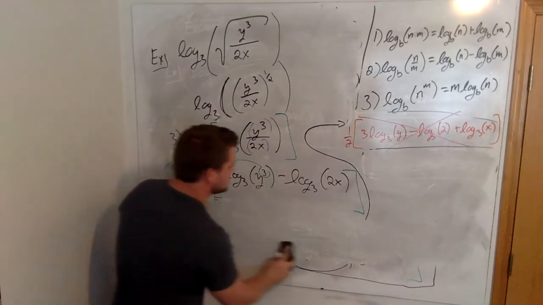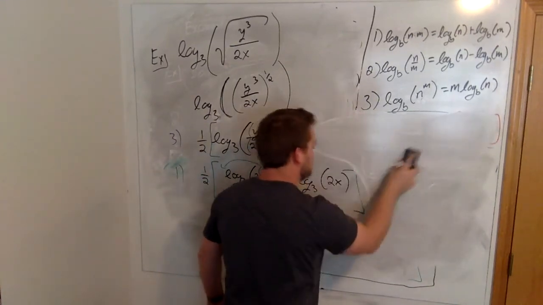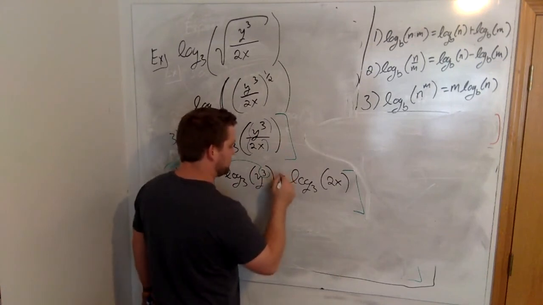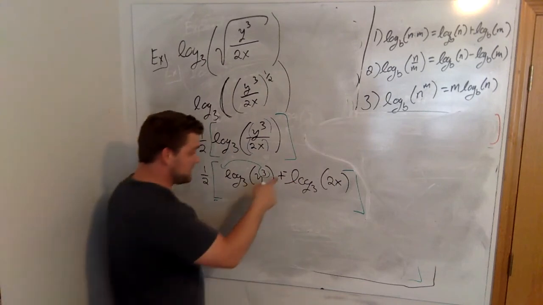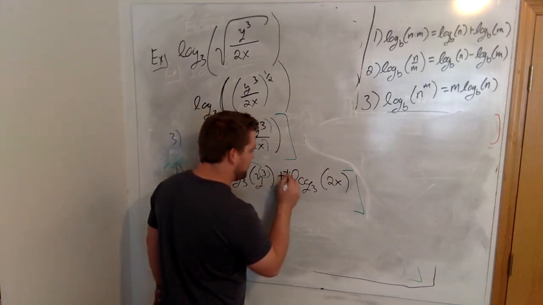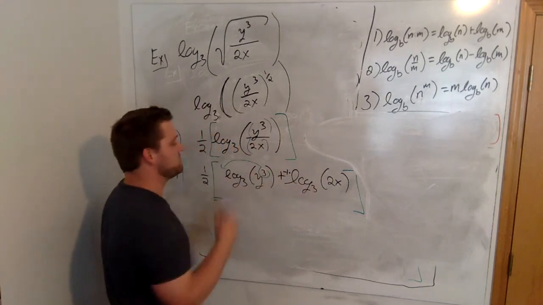Maybe from here instead, how about we think about this as plus the opposite? And we could think that this right here is like a -1 times log base 3 of 2x.